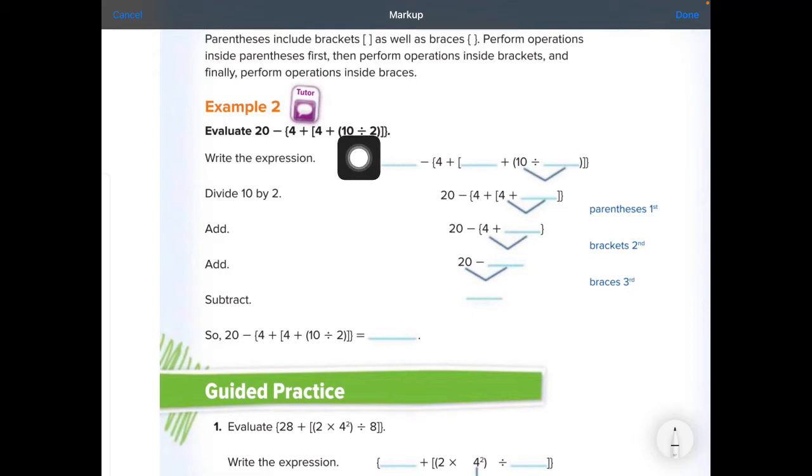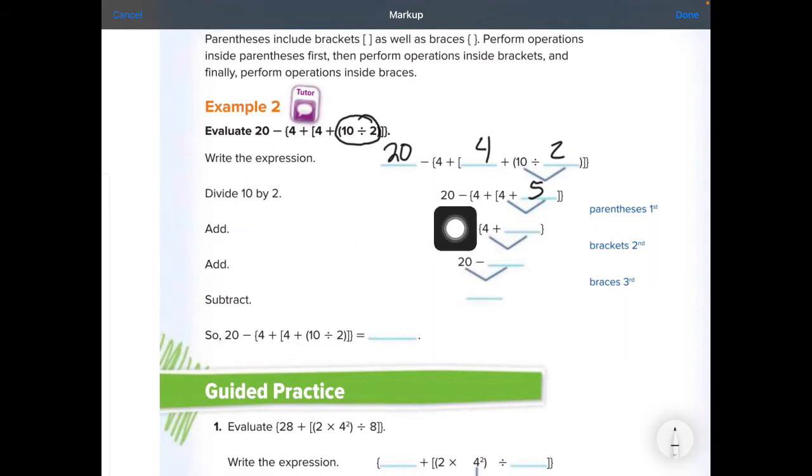We're going to do this group right here first, because that's our innermost operation that has parentheses or brackets or something written on it. Okay, so we're going to write the expression out where we have 20 minus 4 plus 4 plus 10 divided by 2. The first thing we do is what we circled, the 10 divided by 2. So that's going to be a 5.